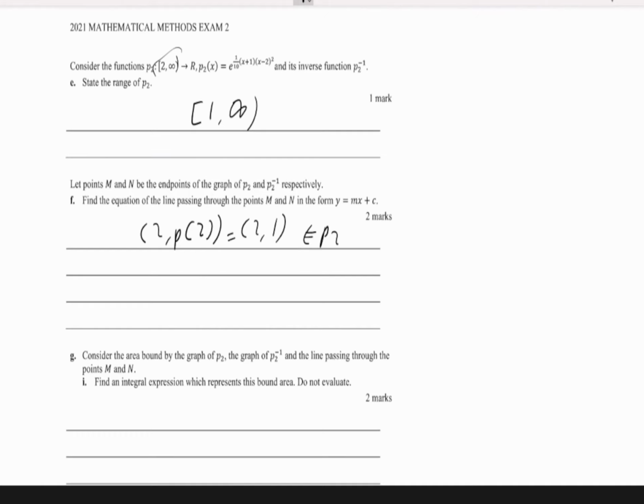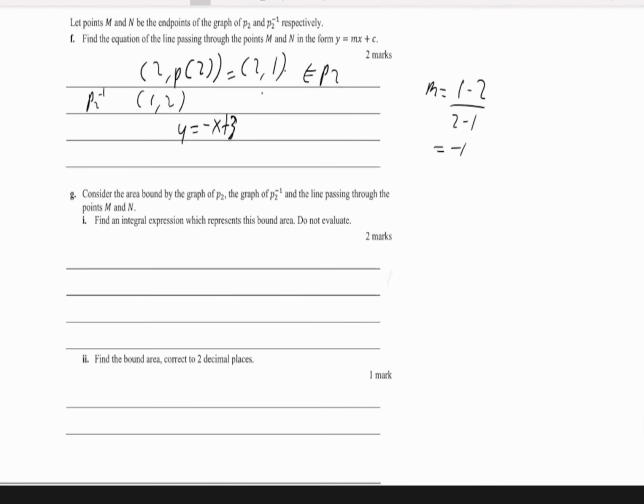So naturally, the endpoint for the inverse function of that is going to be 1, 2, because you just swap it. And then you would get the line y equals negative x plus 3. You just find the gradient of these 2 points, which is negative 1, and then to get the c value, you just plug it back in. Nothing too hard there. Okay.